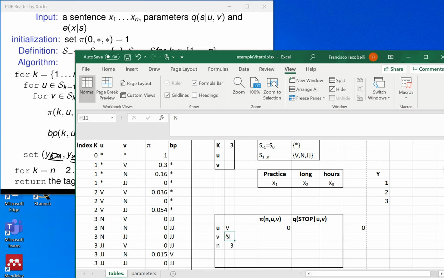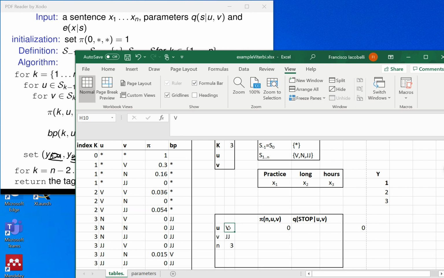I'm trying to find the maximum here. Now v becomes jj, so I look at pi of 3, jj, v, which is 0.